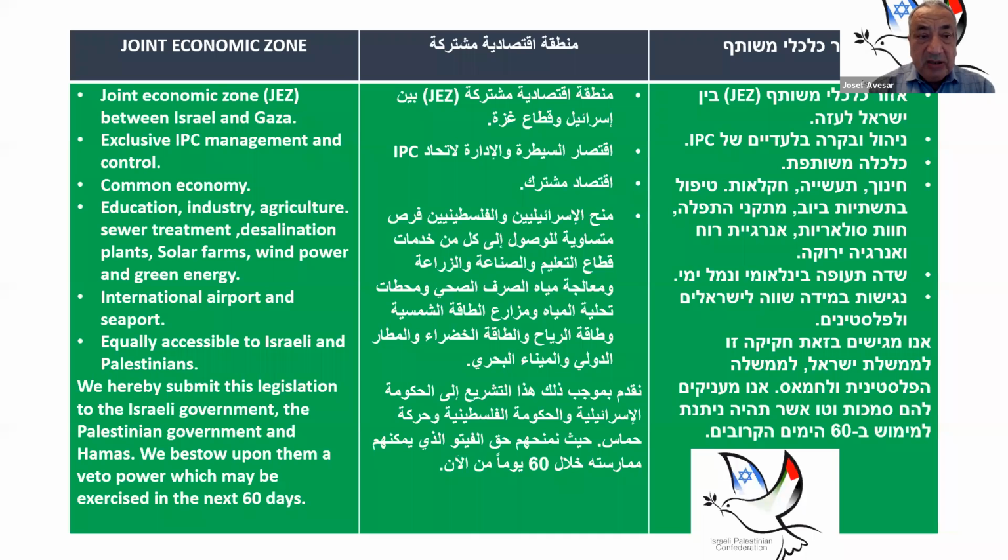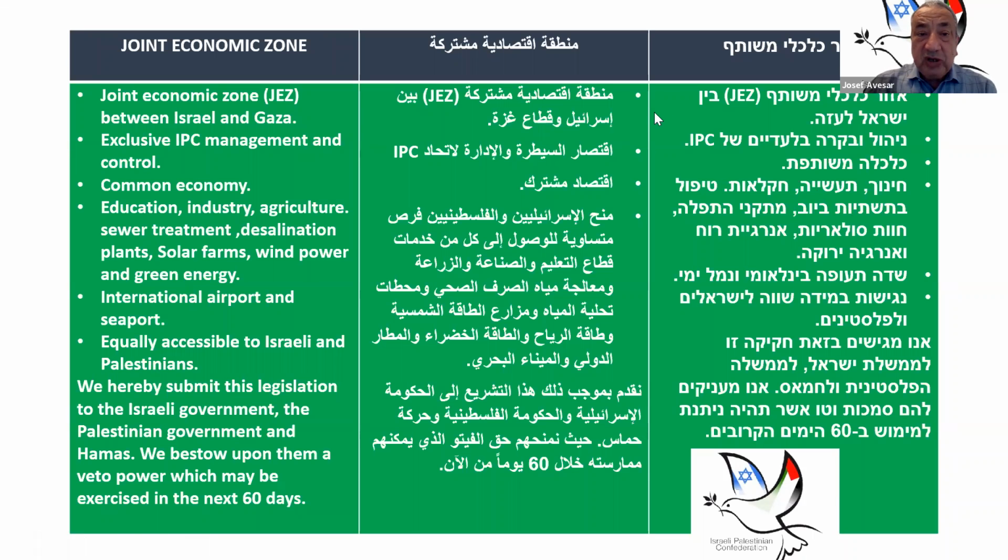It will have a common economy with education, industry, agriculture, sewer treatment, desalination plants, solar farms, wind power, and green energy, international airport, and seaport, equally accessible to the Israelis and Palestinians. All of it will be managed exclusively by the Israeli-Palestinian Confederation, which is the government that we just elected. And we now submit both legislations to the Israeli and the Palestinian governments for veto.